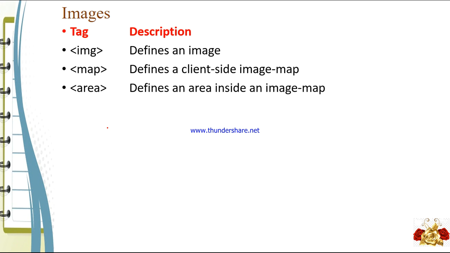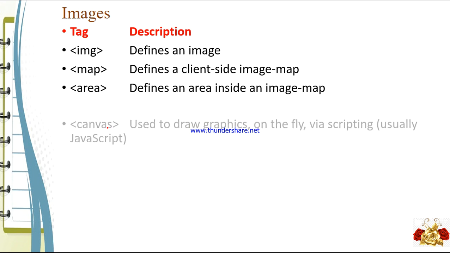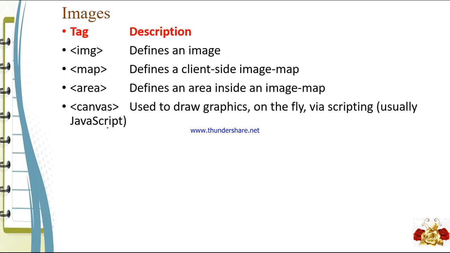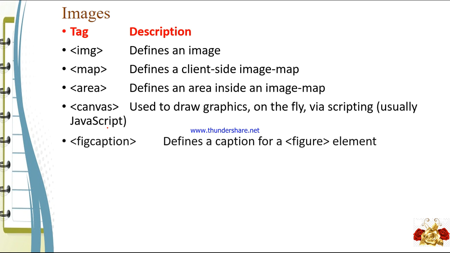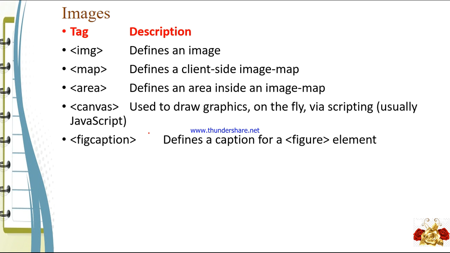Then area defines an area inside an image map. Canvas is used to draw graphics via scripting, usually JavaScript. Figcaption defines a caption for figure elements. Next, figure specifies self-contained content.